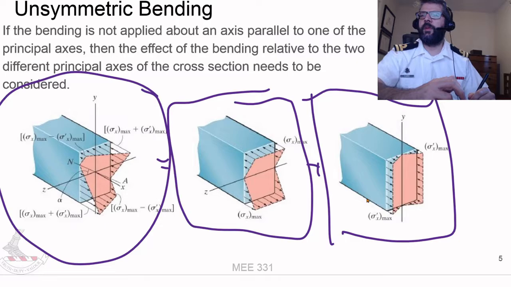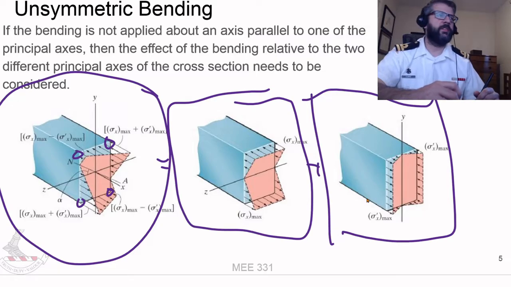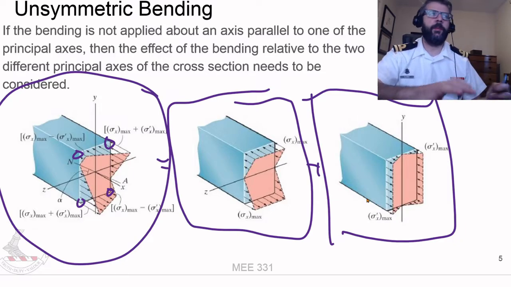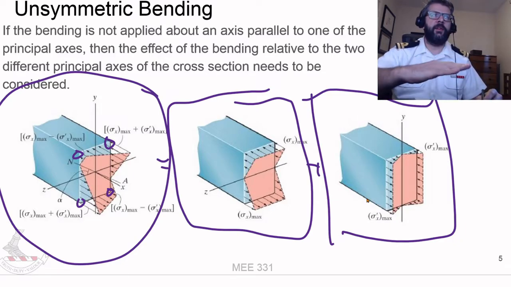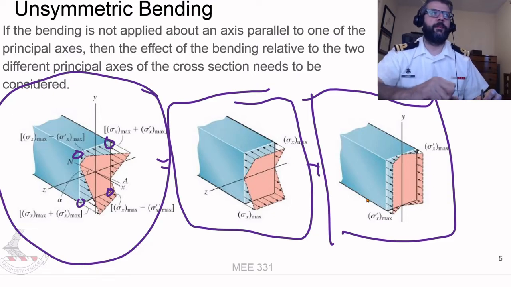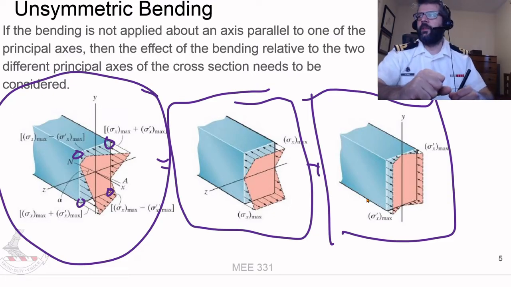There are 4 corners that are possible candidates for where the maximum stress could occur, and it depends upon whether this moment about here is positive or negative, and this moment about here is positive or negative.